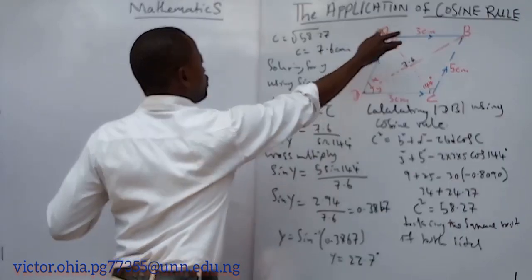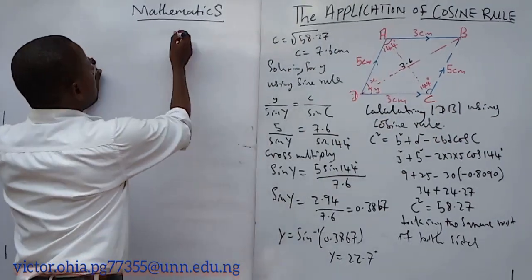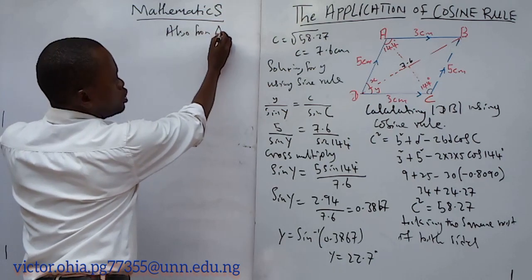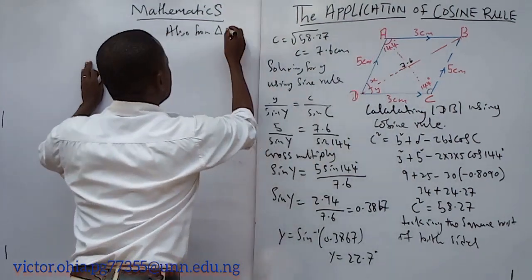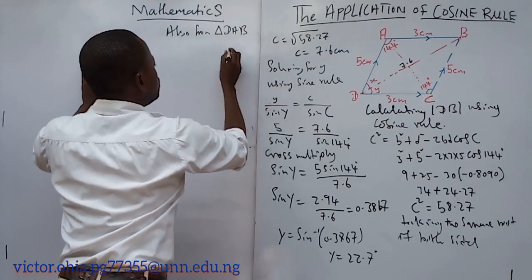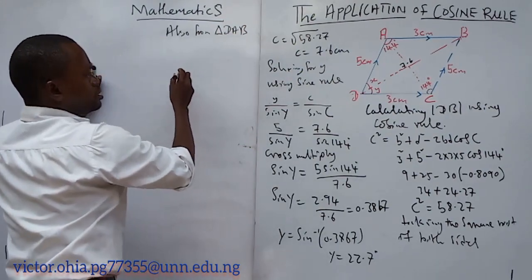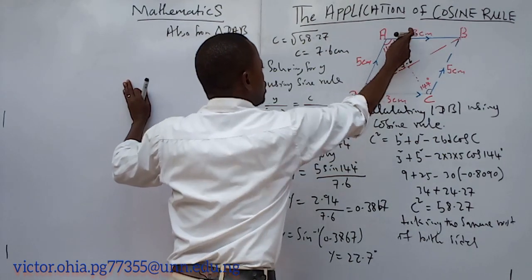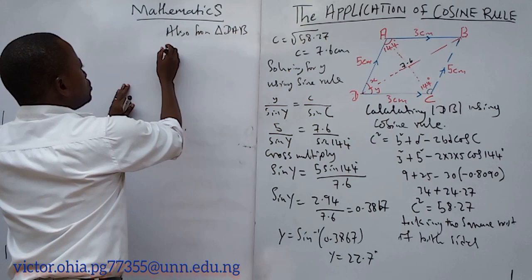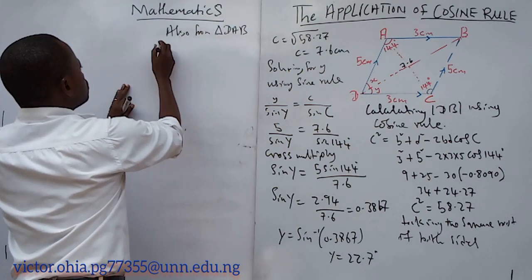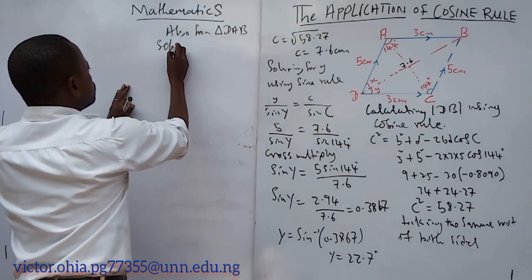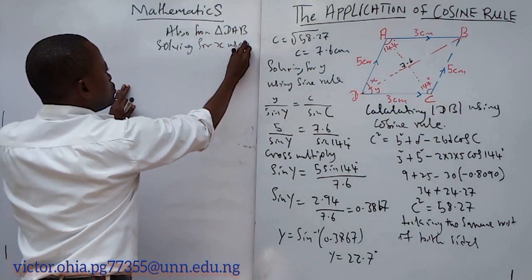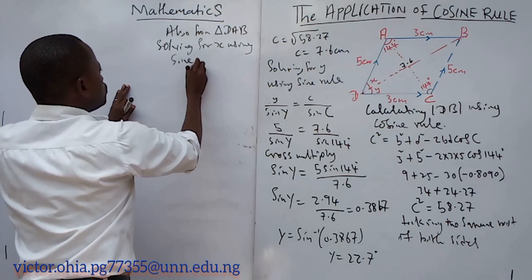Quickly, let me go over to the other triangle and say, also from triangle DAB, you will also observe with me that solving for this x here will require small x over sine x, solving for x using the sine rule.